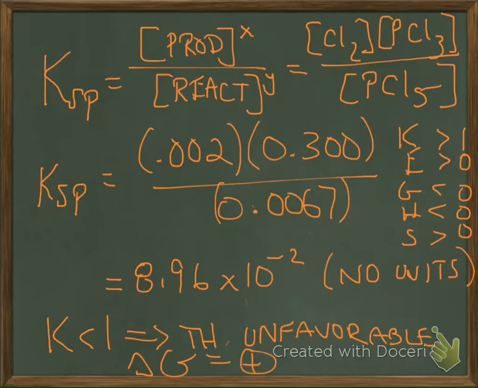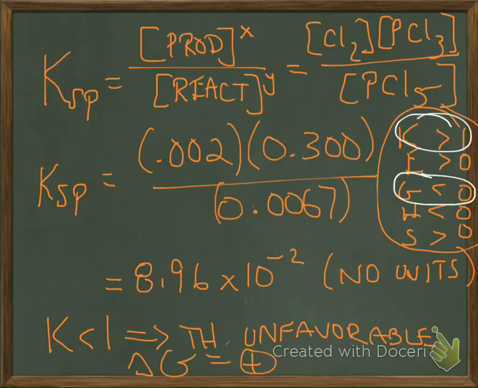Yeah, anyway, so you can't use this as an explanation on your exams, but you should say and know that if K is less than 1 here, which is the opposite of this, then G has to be the opposite of this. And so these are just some connections between equilibrium and thermo, and all are important.